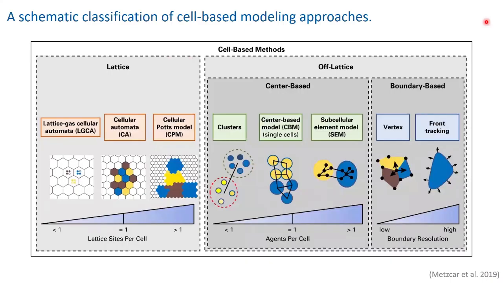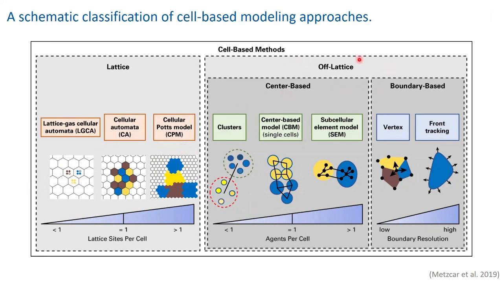And then when you have a cell-based modeling approach, you can have the lattice models, of which the cellular automata is one type, in which one individual occupies one grid point in our lattice. But you can also define models in which you have a small population in the lattices, so several individuals on a lattice, or you have these cellular Potts models in which individuals are represented by a shape that can occupy several spatial points.